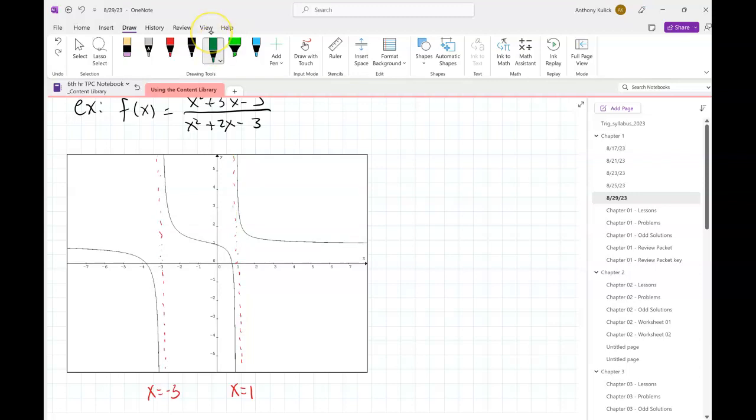And then I also see a horizontal asymptote, and that appears to be the line right here. Looks like y equals 1.